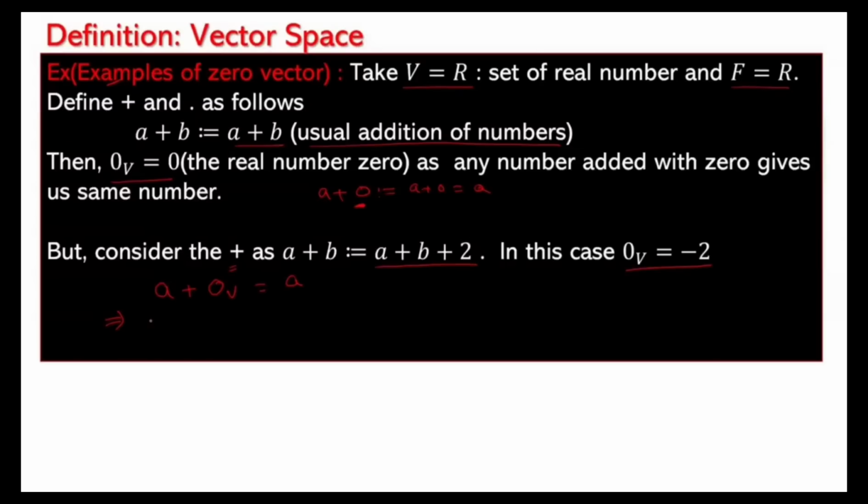Now a plus 0v by definition is a plus 0v plus 2, which is equal to a. So this implies 0v is equal to minus 2.